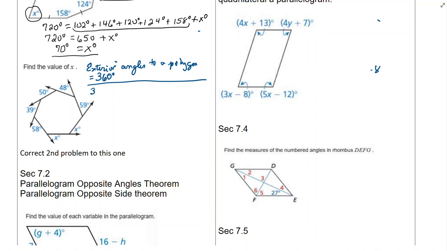So we're going to have that 360 degrees has to equal the 50 degrees plus 48 plus 59 plus x plus x plus 58 plus 39. Okay, we're going to add all of the degrees that we have.